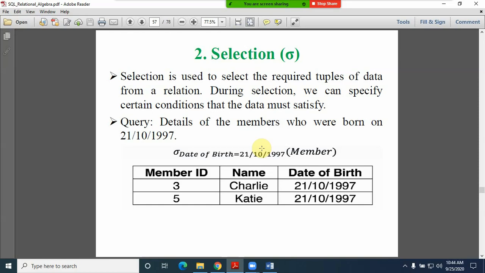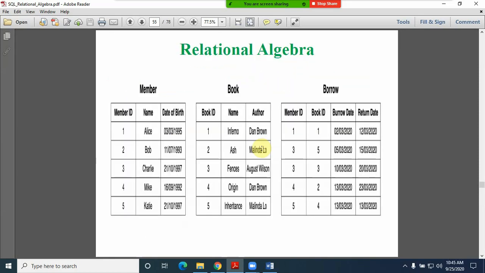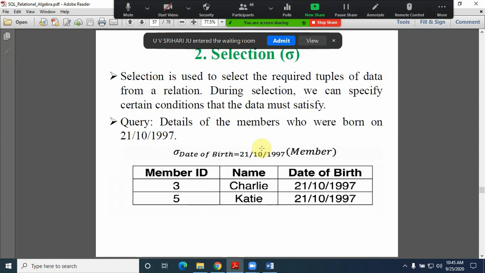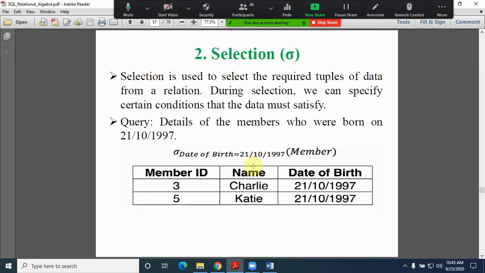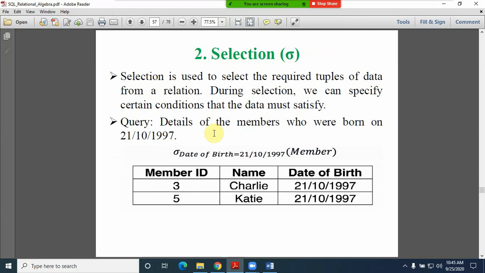Whereas if you are referencing details of the members who were born on a specified date, from this particular table member we have member ID, name and date of birth, and we want to get a particular date. On that particular date, who were born? In that case, what we are expecting is details of the members who were born on the specified date.